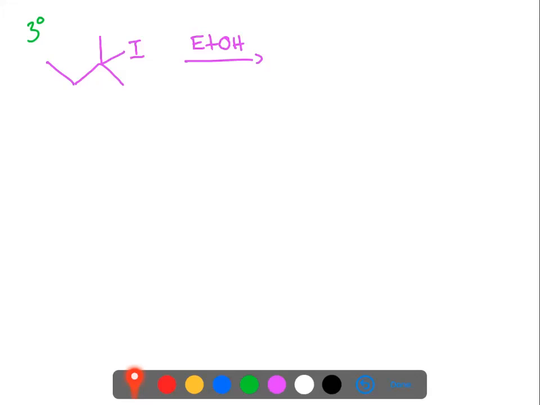So in this example, if we were to draw our curved arrows, the first step in this reaction is the dissociation of this carbon-iodine bond. And so that gives us the following. And this is in equilibrium.